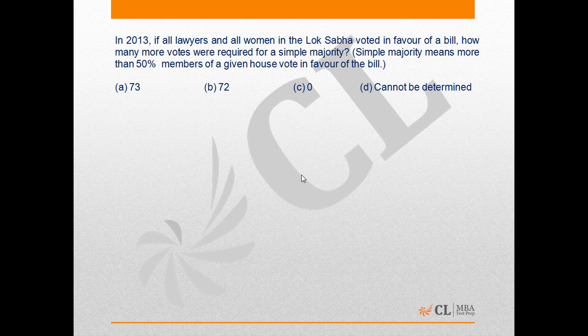That means some of the women can be lawyers as well. So it is not possible to find the magnitude of the vote that is there on account of lawyers and women. Therefore, it is not possible to determine the answer of this question. Therefore, option D is the correct answer.